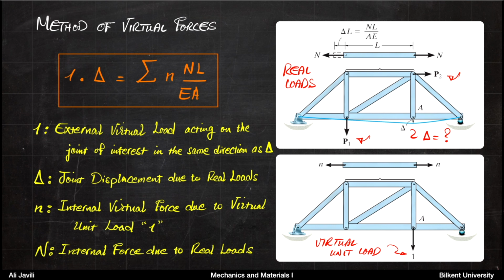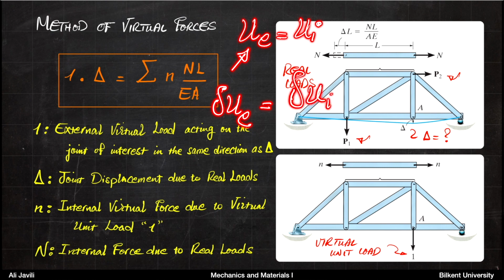Okay, so basically this is still the same thing. Remember previously we just said UE equals UI. What we are saying now is that if you change that UE a little, so we call it delta UE, and we do that by adding a little force to UE somewhere, that should also be equal to the change of all the internal energies.